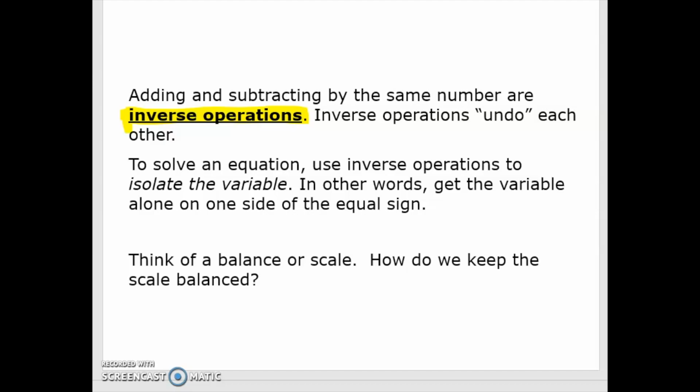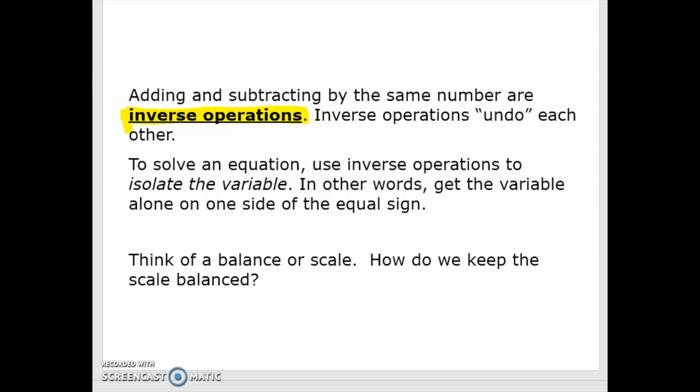Today we're going to start with problems that only have one step. They only have addition, or they only have subtraction. Then throughout this week, we're going to build, and they're going to get a little harder, and we're going to add one more step, one more step, one more step. So it's going to be important that we really practice and keep up, because they'll get pretty hard pretty quick.